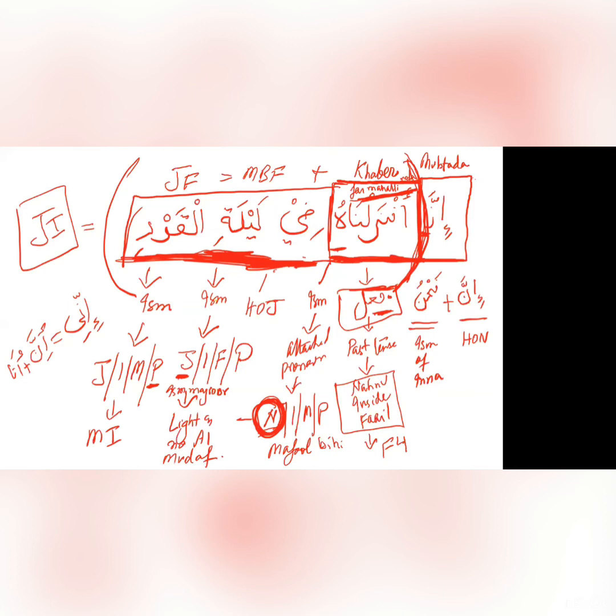When the status cannot show on the ism, or it cannot be an ism, or if it's an ism, it cannot show its status. And then would it be maf'ul something? Yes, you can have it. Then we can discuss that too.